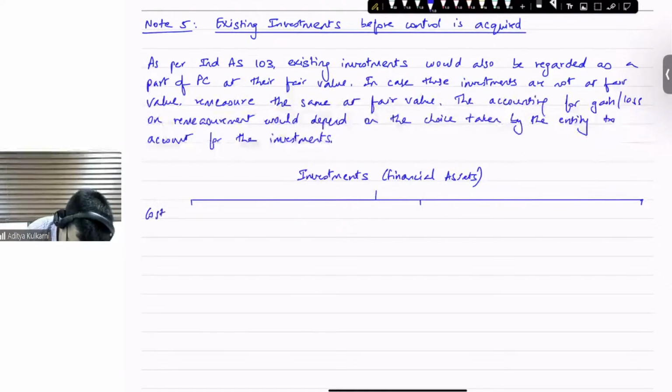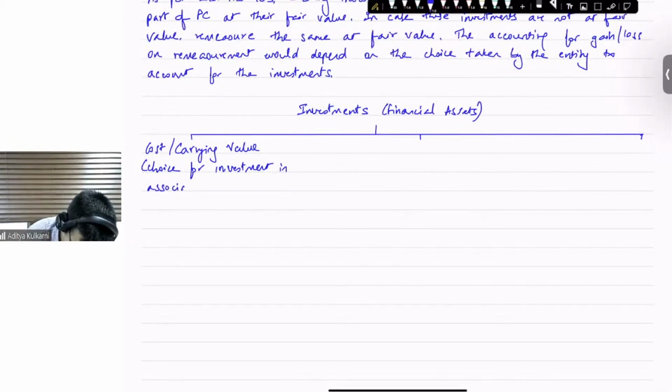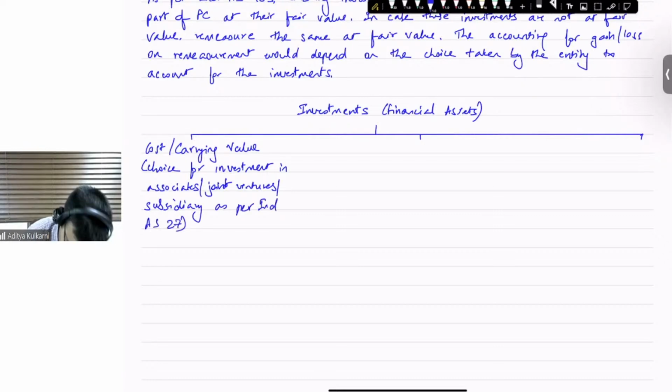First one is you can hold it at cost, or what you call the carrying value, which is the choice for investment in associates or joint ventures or subsidiary as per Ind AS 27.